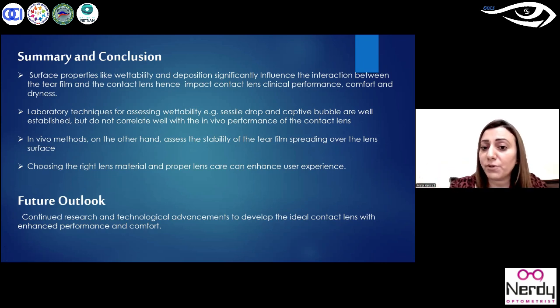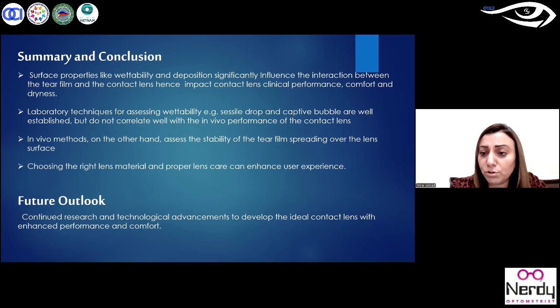They assess the breakup time, they assess the lipid layer, and then we can indicate that the lens is wettable. If the tear film is okay and stable, then the lens will obviously be wettable. So choosing the right lens material and proper lens care can enhance user experience.